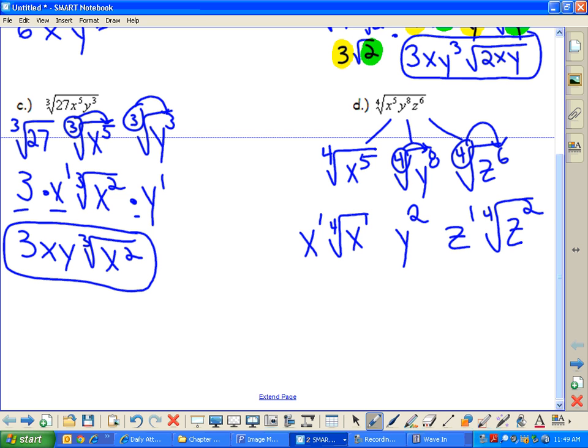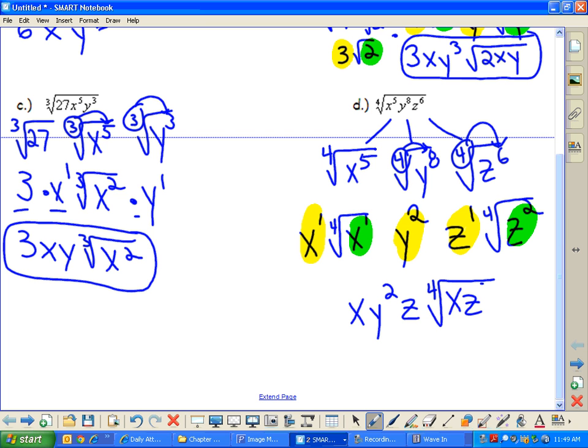Then I take everything that's outside of the radical, here, here, and here, and I put that together. And everything that's underneath the radical stays underneath. So we have, for our final answer, x, y squared, z, times the fourth root of x, z squared.